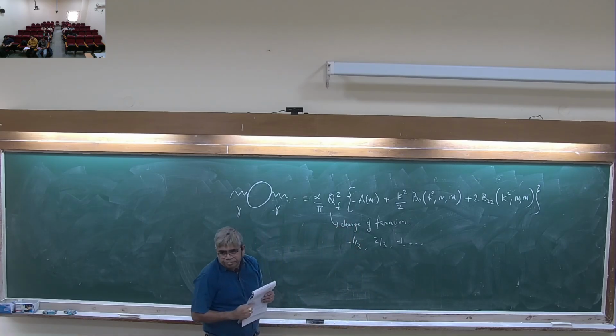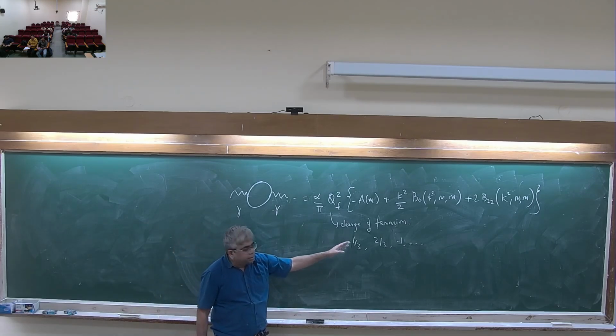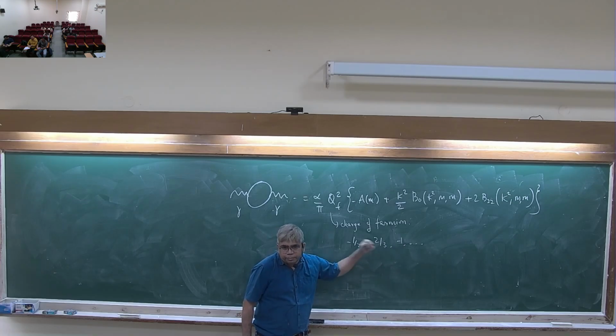Minus 1 by 3 for down quarks, 2 by 3 for up quarks, and so on.